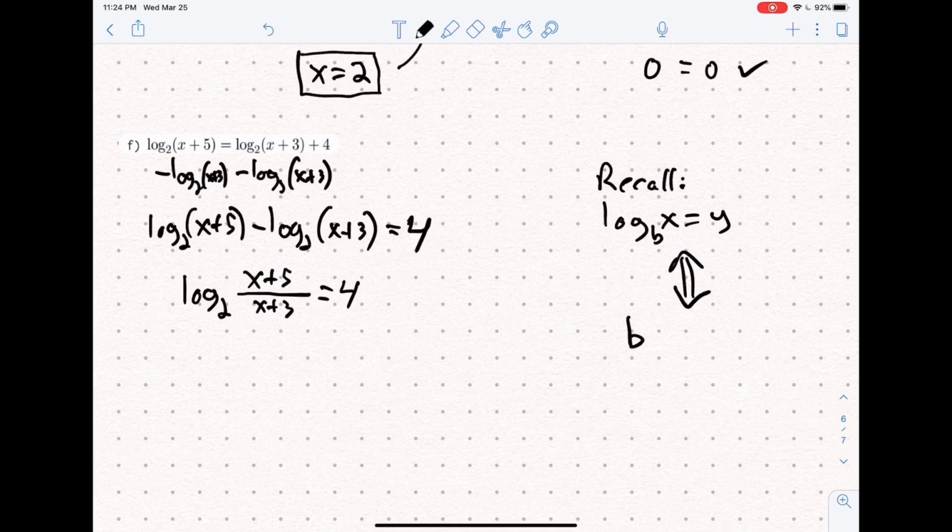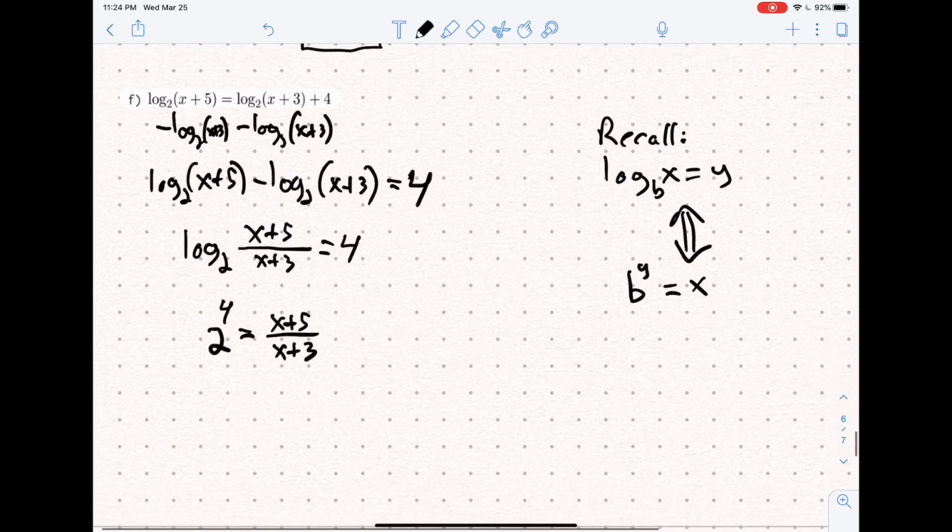The power is the thing that's by itself in this one, the y, and the thing that's by itself in the new equation is what was inside the log. So let's apply that rule to our part F here. The base is going to be 2. The power is going to be the thing that's by itself over here, which is 4, so 2 to the power 4 is equal to the x, the thing inside the log, the whole fraction in there. This is x plus 5 over x plus 3.